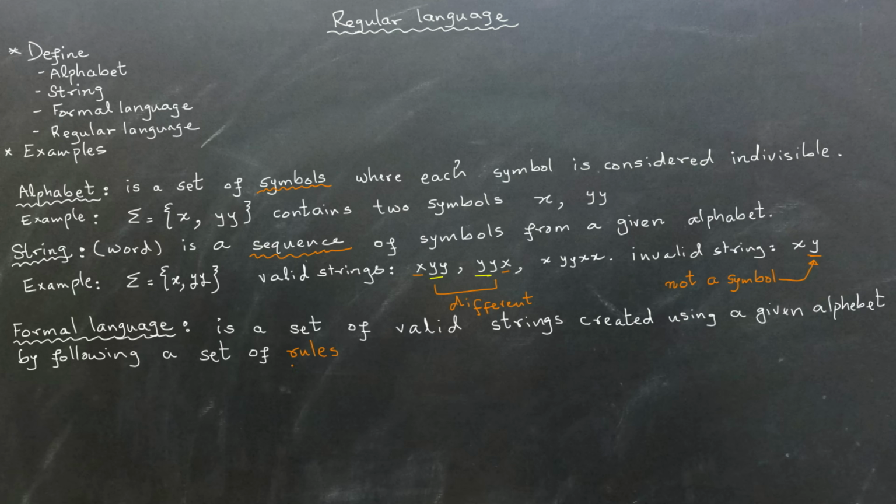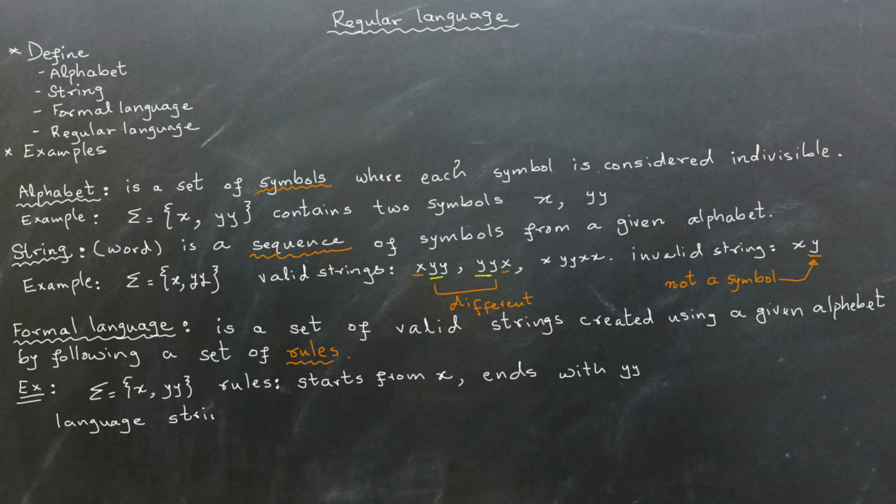For example, our alphabet is X, YY, and our rule is that a string must start with X and end with YY. Then the string XYY would be in our formal language, whereas YYX is also drawn from the same alphabet but still not part of our language.